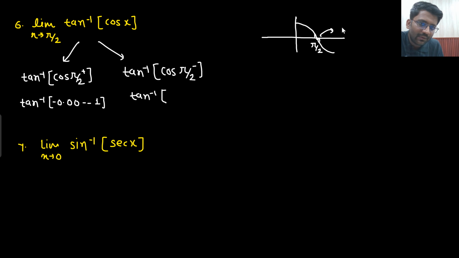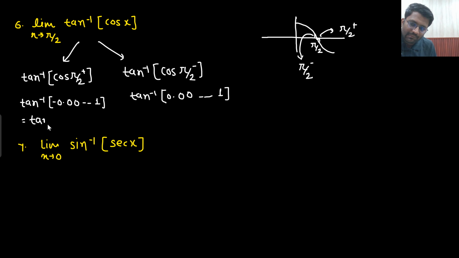This was your pi by 2 plus, and this is your pi by 2 minus. Right? Now what does this do? This will give you just lesser integer, that will be -1, and this will give you just lesser integer, which will be 0.